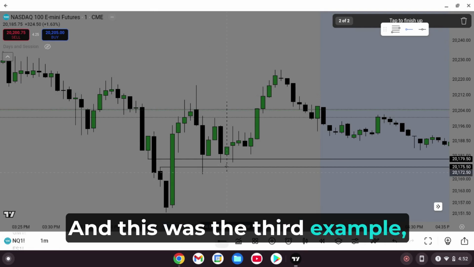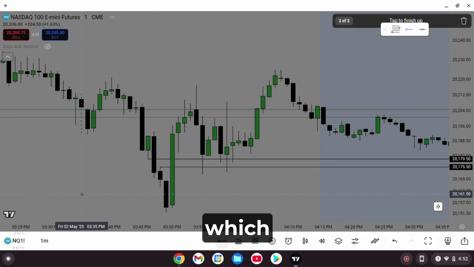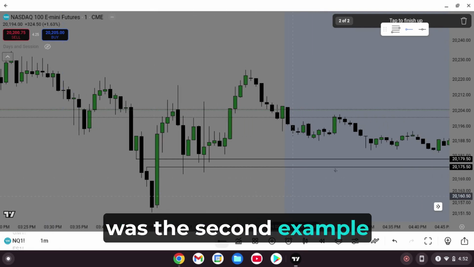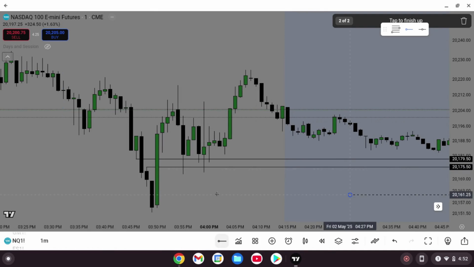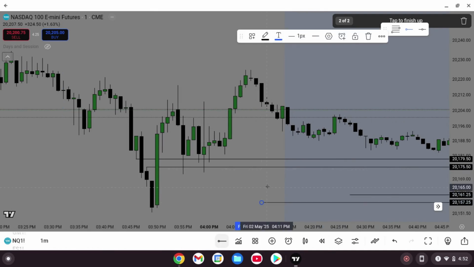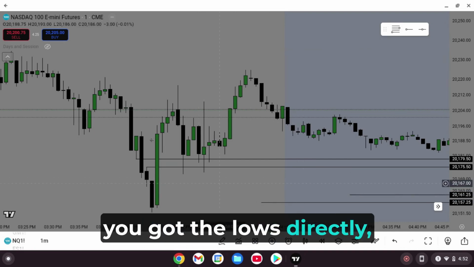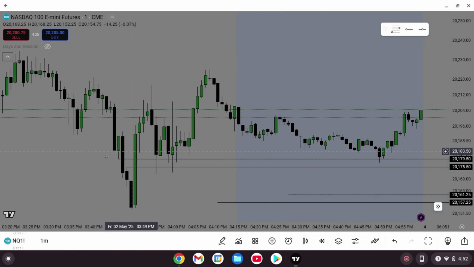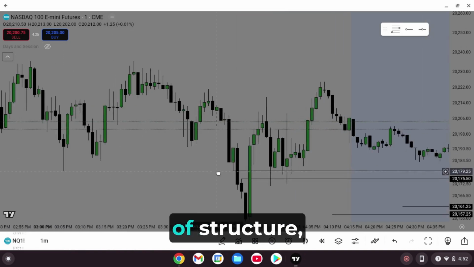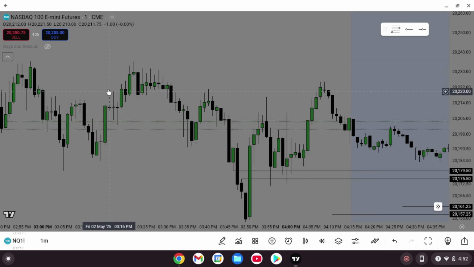And this was the third example, and I will show you the second one, which was the second example I showed you. In the second one, you got the lows directly. There was no direct break of structure, like directly high, low.